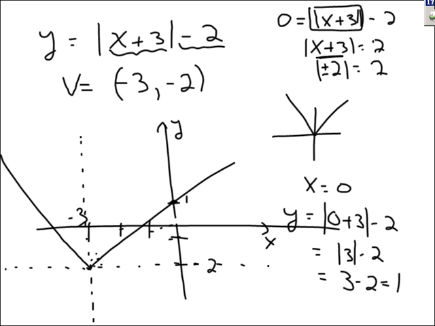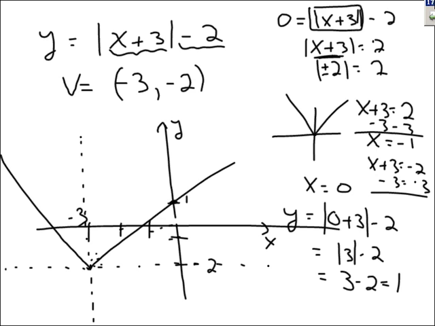What did I put in between the bars? X plus 3. So either x plus 3 is equal to 2 or x plus 3 is negative 2. If I take away 3 from both sides, I get negative 1. If I take away 3 from both sides, I get negative 5.